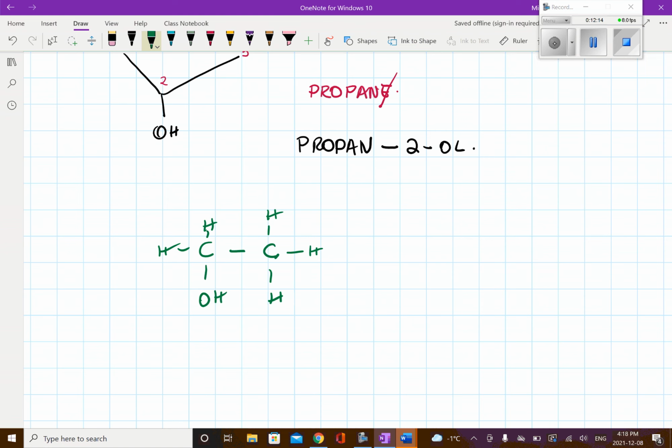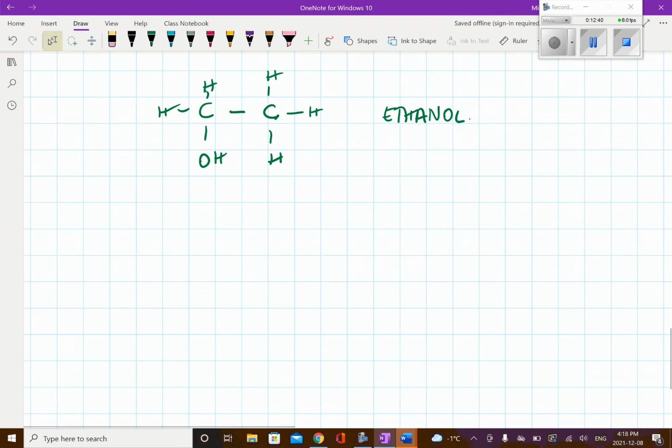In this case, it doesn't really matter which one is 1 and which one is 2. This is just named as ethanol. If it was all hydrogens without the hydroxyl group, it would be ethane. We drop the E and we add OL, because there is no point in having a number here.